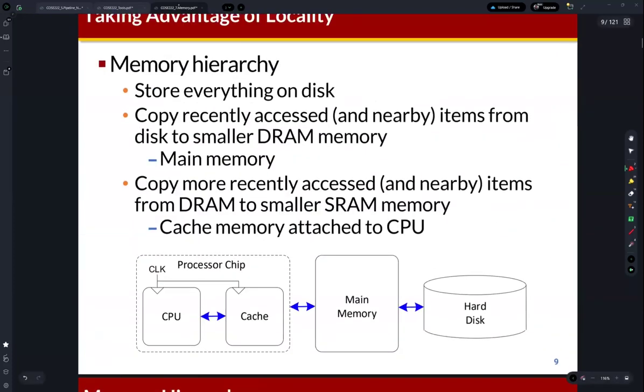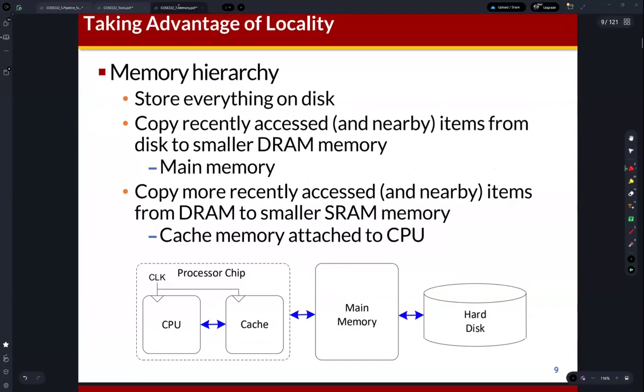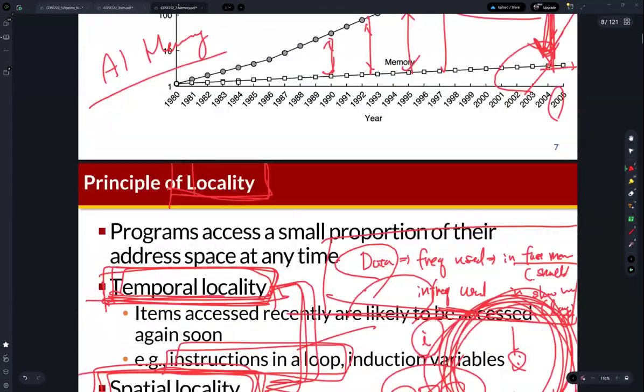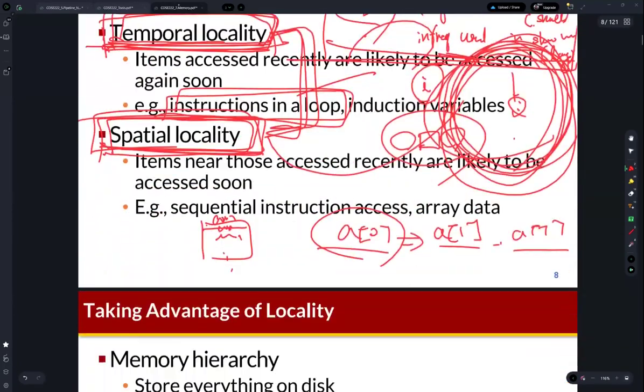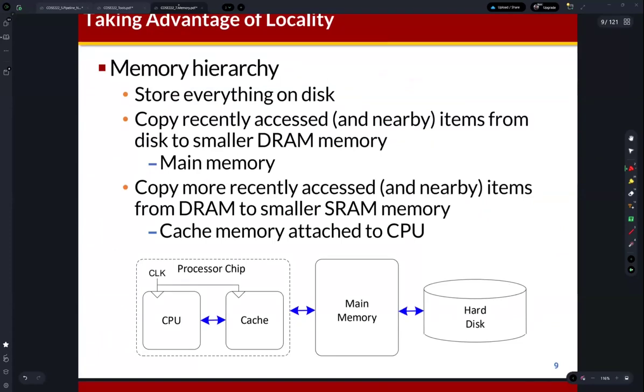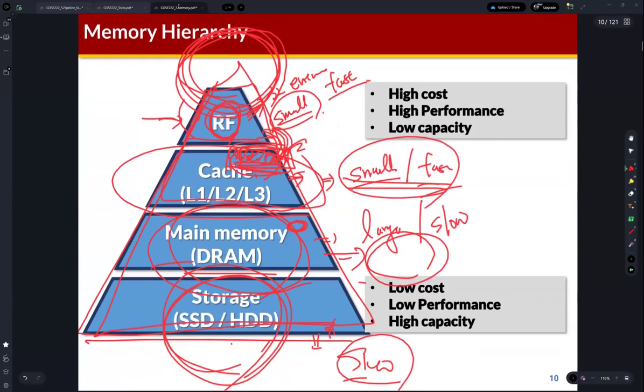Okay, so even though the memory is very slow, like this gap, using the memory hierarchy idea, we can store frequently accessed data in the fast memory, right? So we can improve the performance.